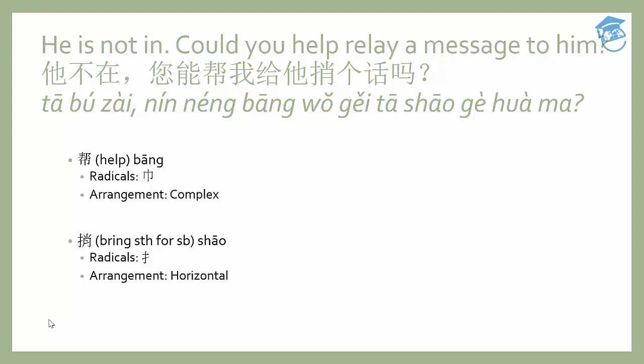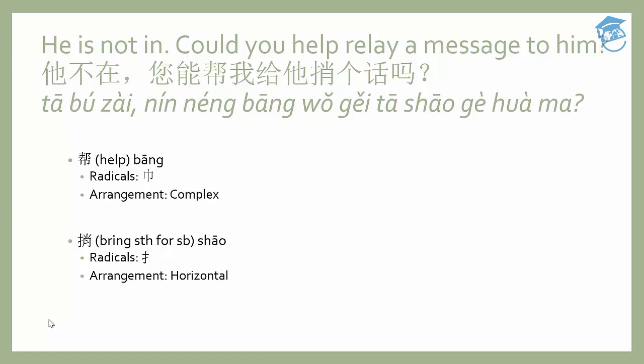This should not be really difficult for you, because this whole sentence is just a subject and the verb 能, and then another verb 帮我, and another verb again 给他, and another verb and object 捎个话. So you have encountered this kind of grammar structure before, but it's just a lot of objects in between.